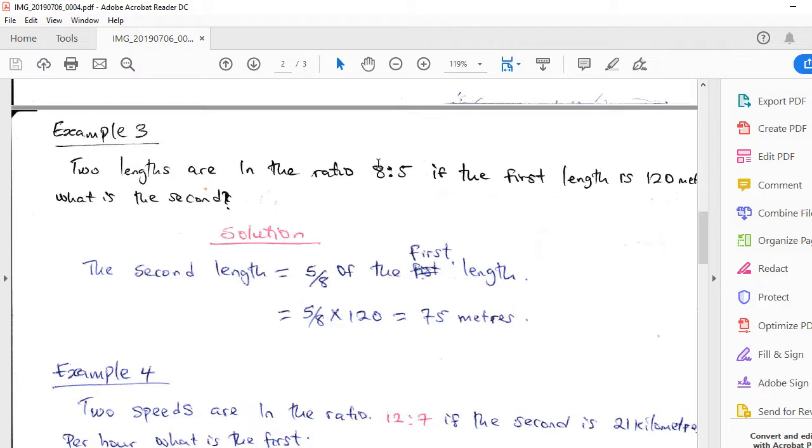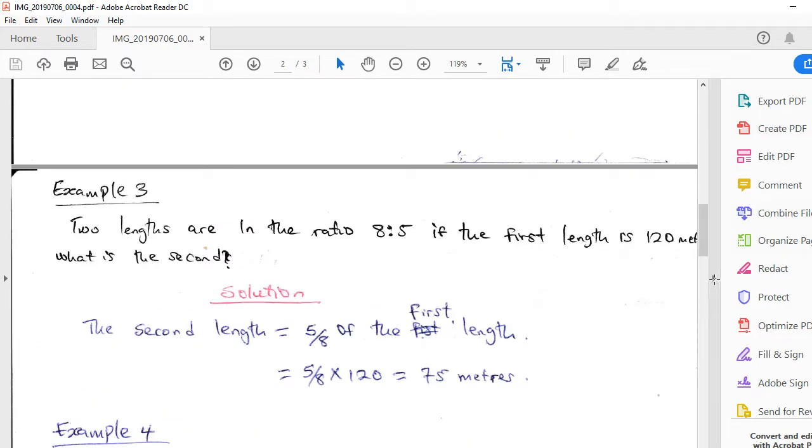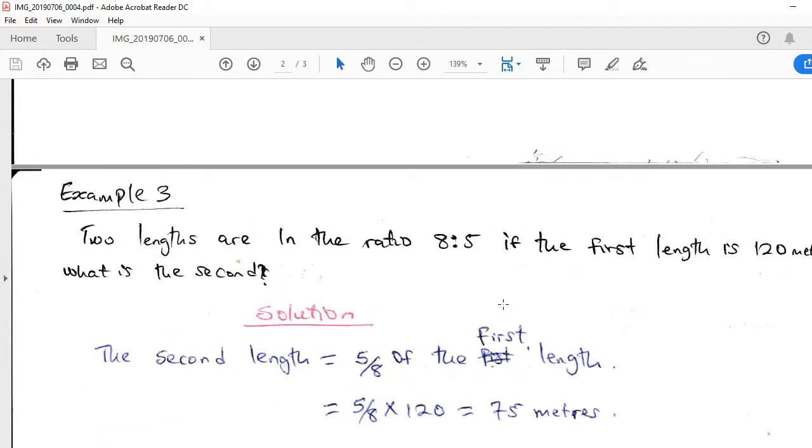In the third example, two lengths are in the ratio 8:5. If the first length is 120 meters, what is the second? Look at it clearly.